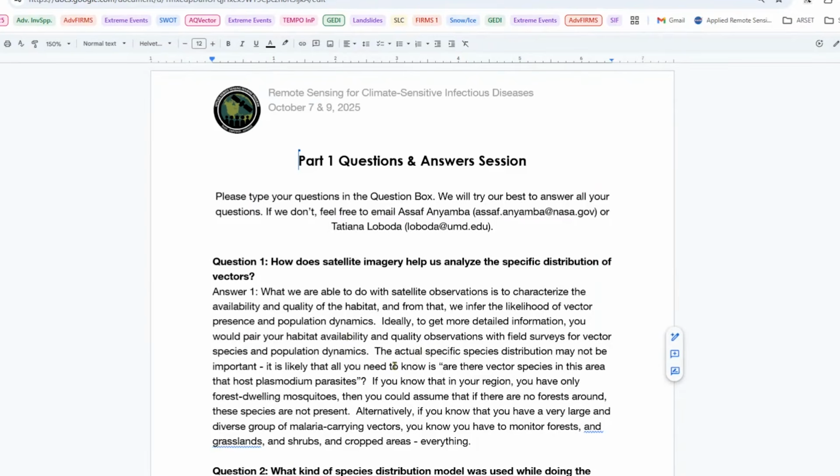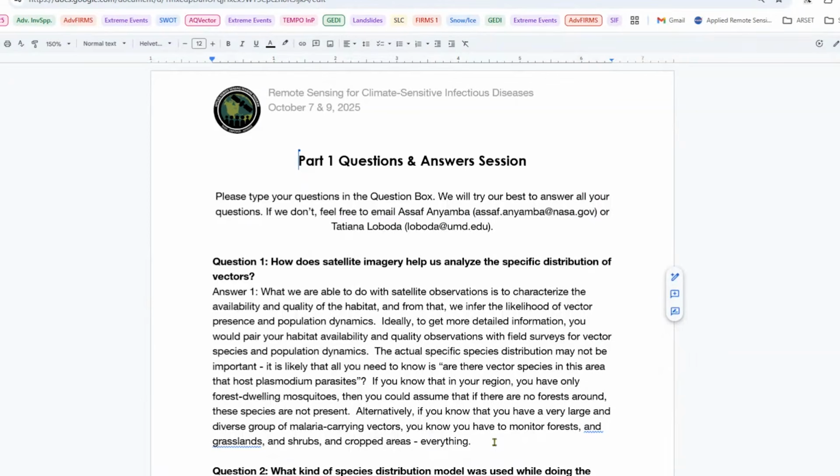There are lots of wonderful questions, and I'm going to get to all of them after the session, but we'll start from the beginning. So the specific distribution of vectors is almost impossible to characterize separately from field data collection.